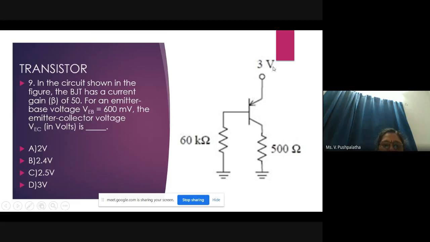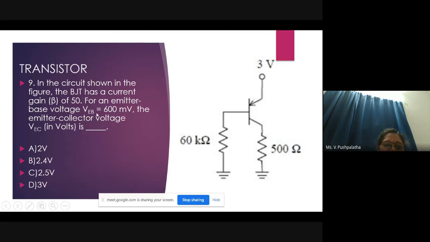See here, VE is given as 3 volt, right? And VEB is given as 600 millivolt, right? And the base resistance is given as 60 kilo ohms, right? And the RC value is given as 500 ohms, right?